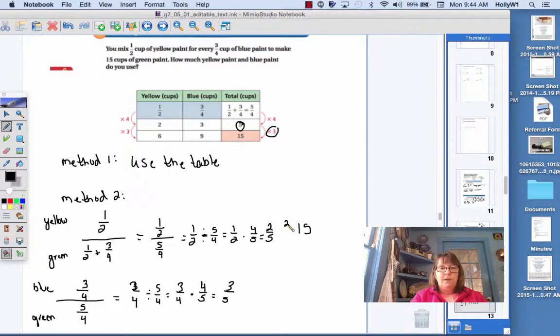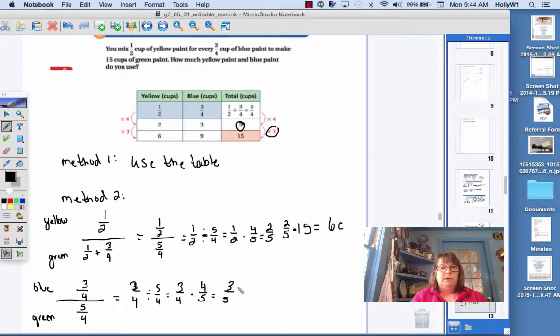So 2/5 of that paint, that is multiplication, of that 15 gallons is yellow paint. So if I multiply it like this, I end up with 6 cups. I've been saying gallons the whole time, but 6 cups.